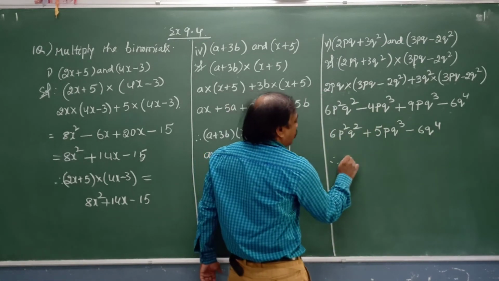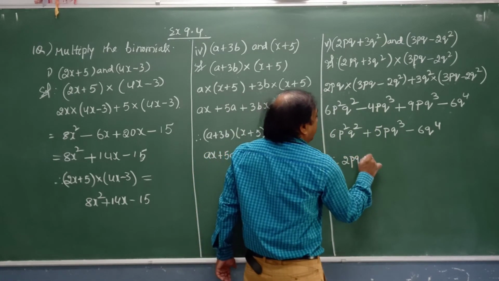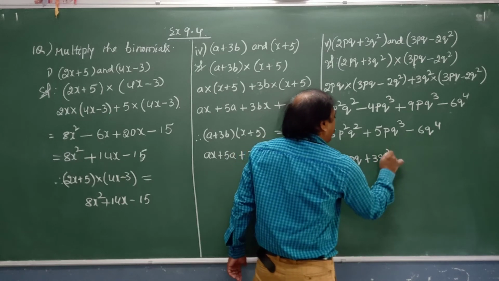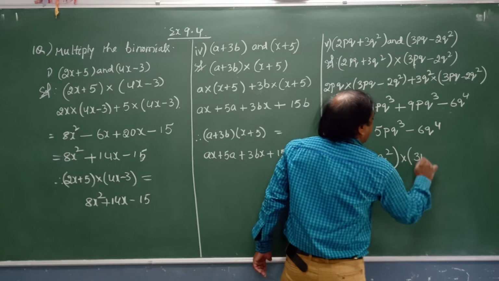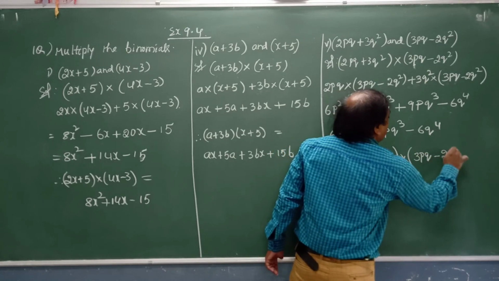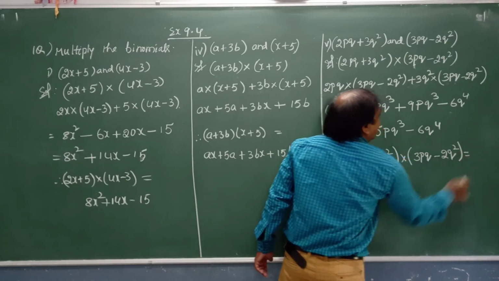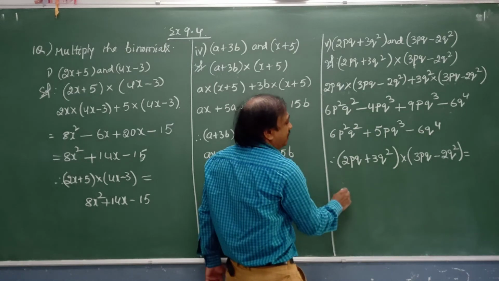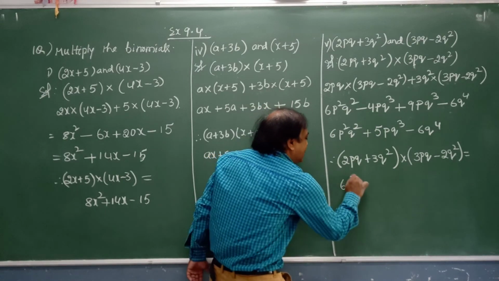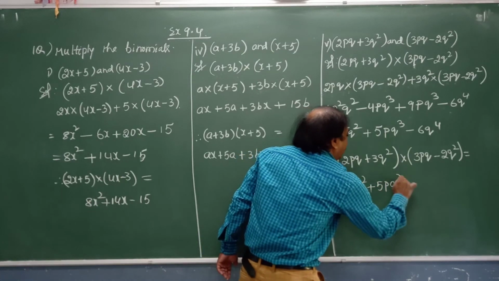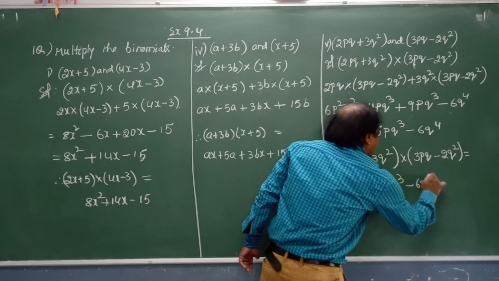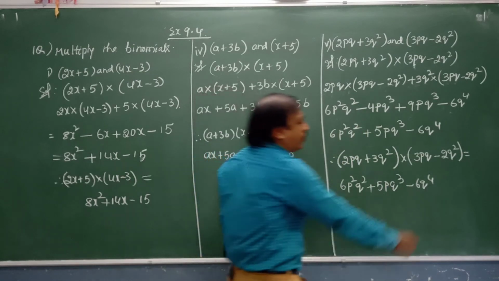Therefore 2pq plus 3q square into 3pq minus 2q square is equal to, I am writing down the final answer, 6p square q square plus 5pq power 3 minus 6q to the power 4.